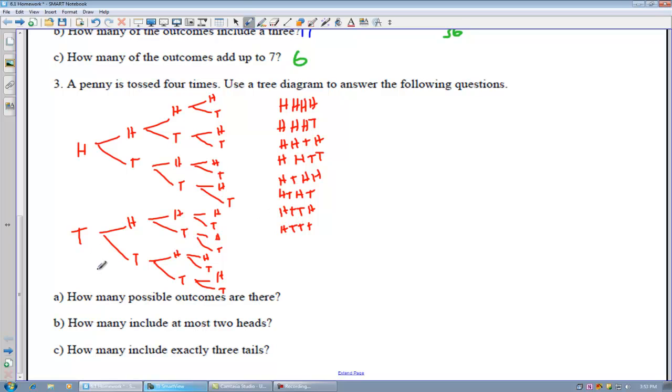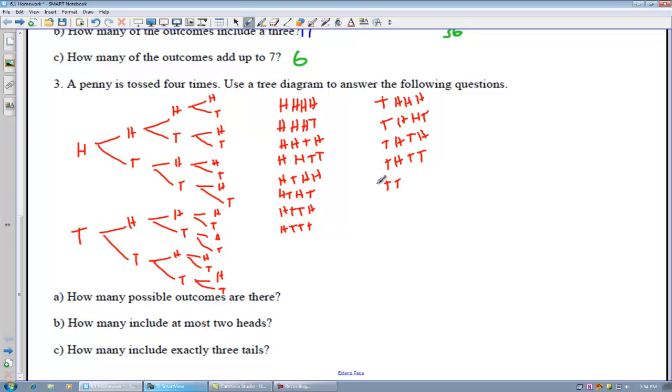And then you move on to the next branch here. So now you have tails, heads, heads, heads, tails, heads, heads, tails, tails, heads, tails, heads. So tails, heads, tails, heads, and then below it, tails, heads, tails, tails.